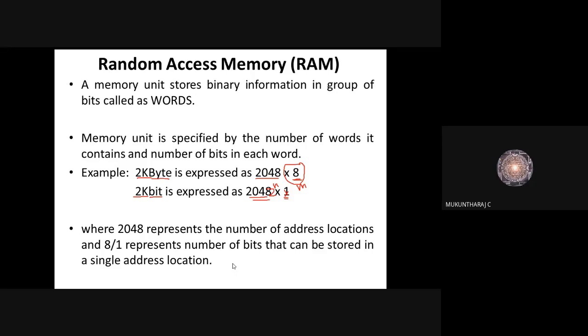So how do we represent the capacity of the memory unit? Here we are taking two examples, 2 kilobyte and 2 kilobit. How are we representing these numbers? 2k represents what and byte represents what? Is there any doubt in this example?